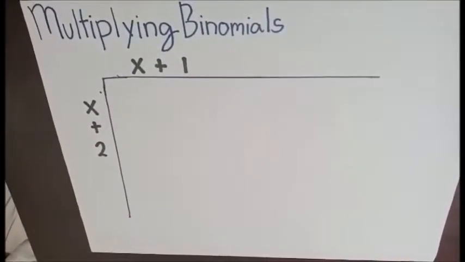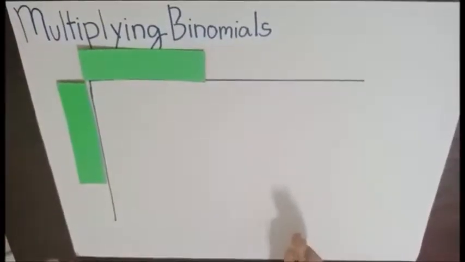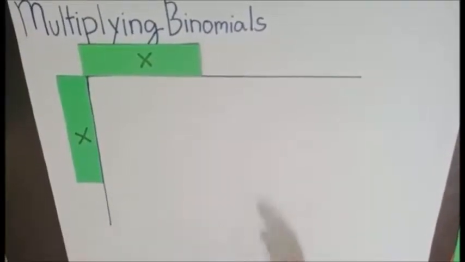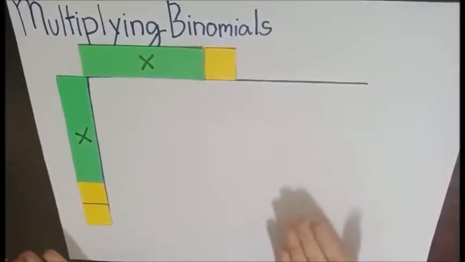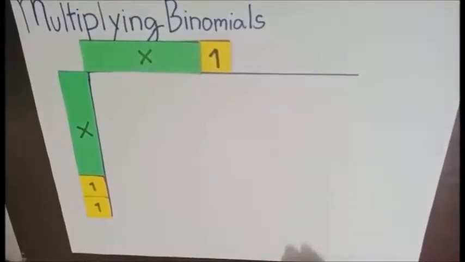I will transform the written factors into algebra tiles. The green tiles represent the variable x, and the yellow tiles represent the number 1.